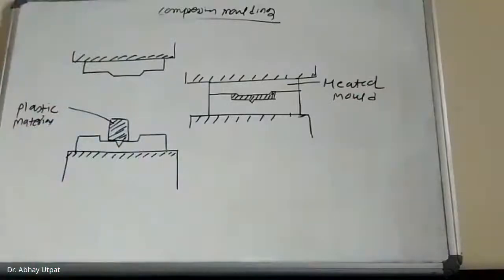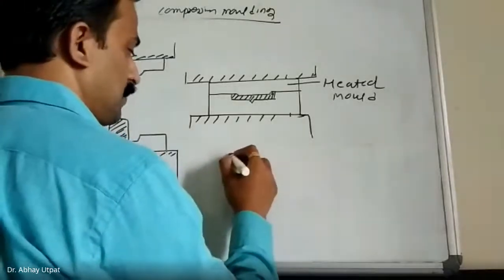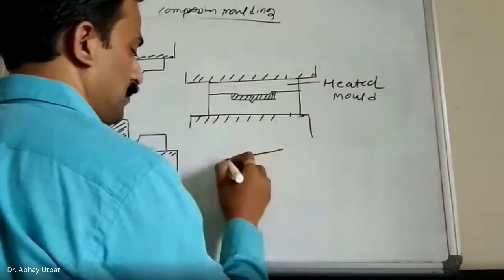This is the heated mold, and you can take the product out with the help of ejector pins like this.